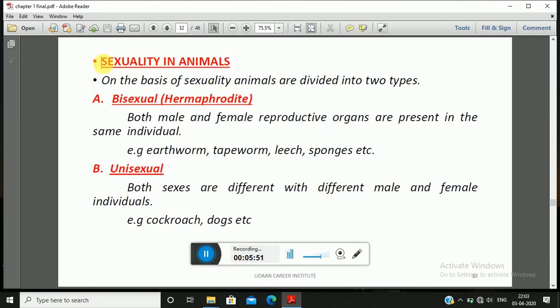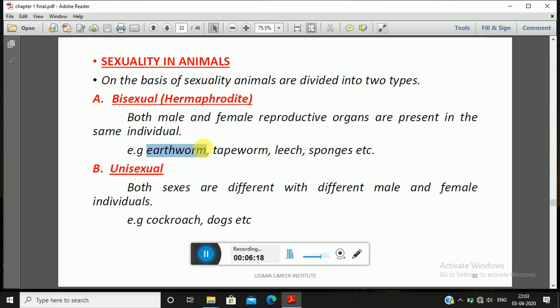Moving towards sexuality in animals. Similar to plants, sexuality of animals can also be classified into different types. On the basis of sexuality, animals are divided into two types: bisexual animals and unisexual animals. Bisexual animals, also known as hermaphrodites, are those where both male and female reproductive organs are present in the same individual.